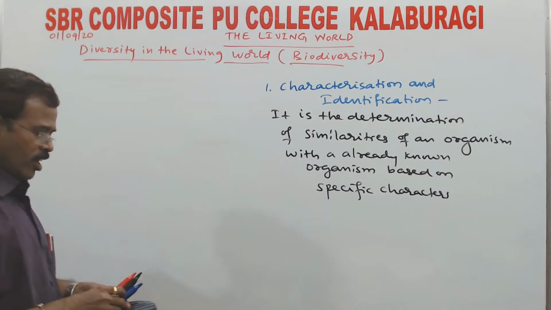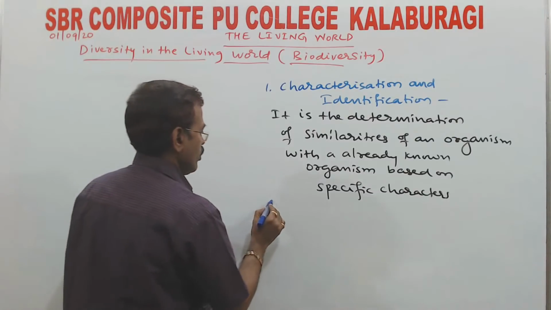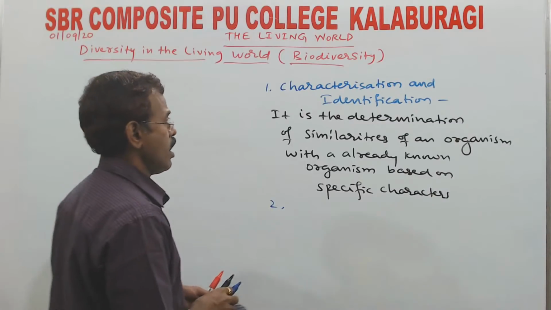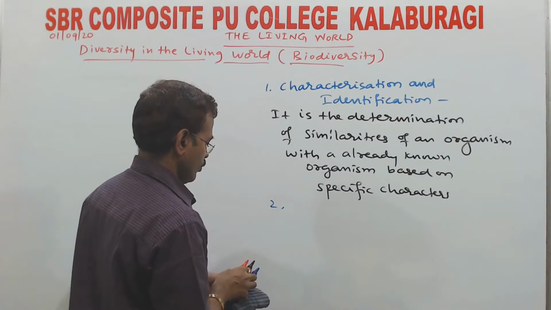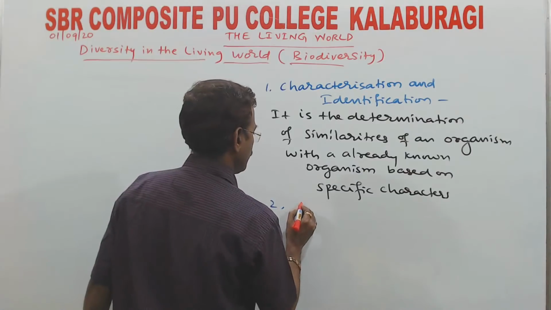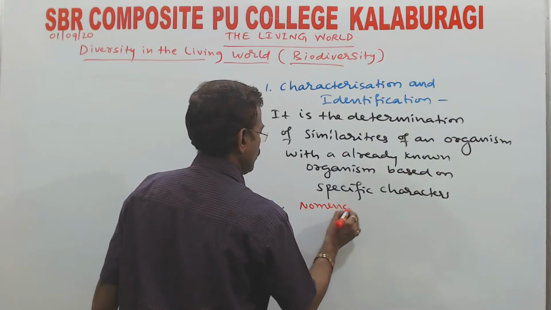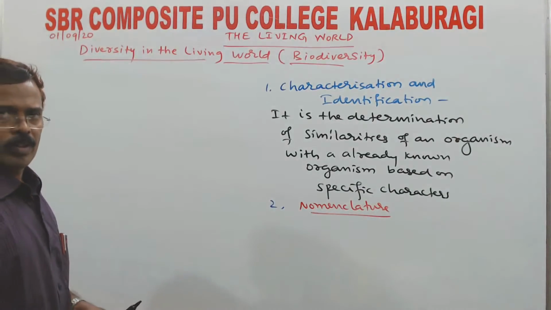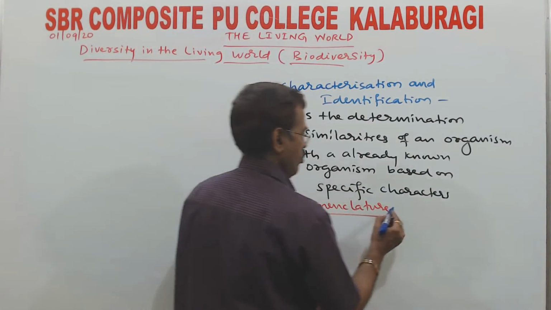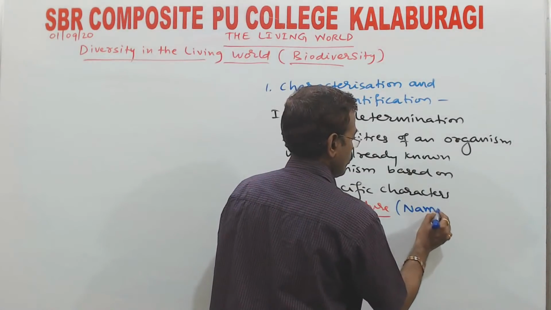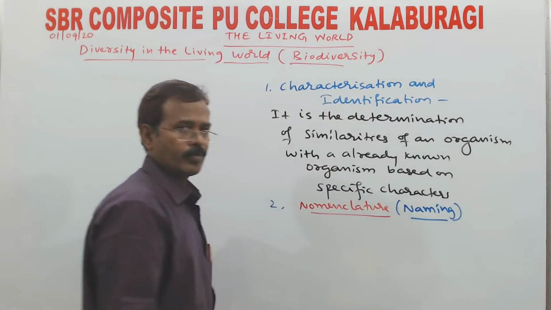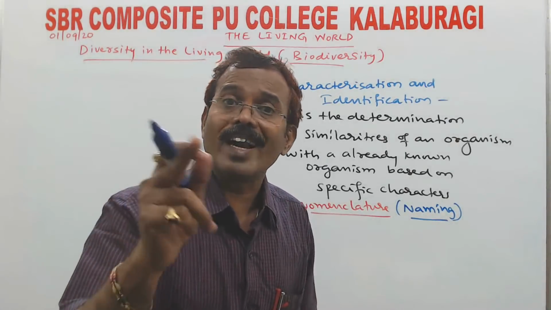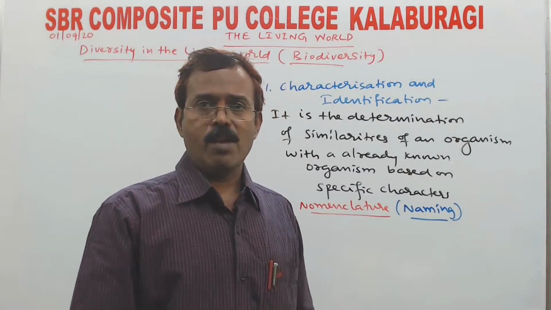Now the second point, what we call basic of the taxonomy, is mainly nomenclature. Nomenclature in simple meaning is name. So what is nomenclature? It is a determination of correct name, scientific name.